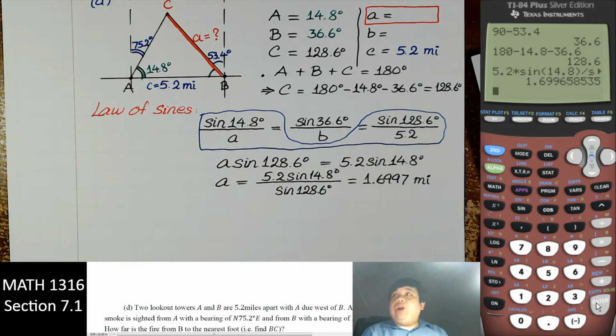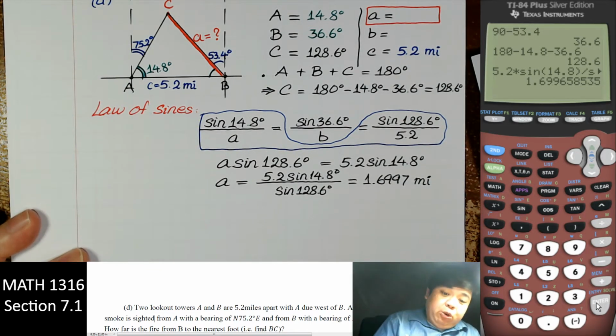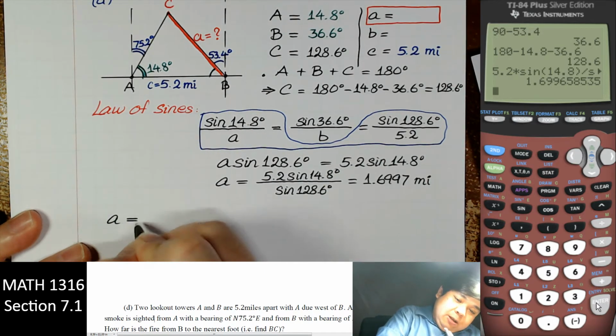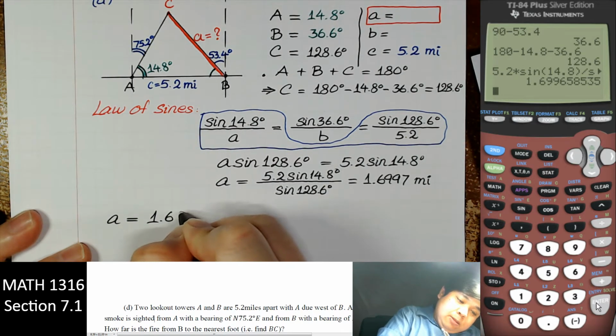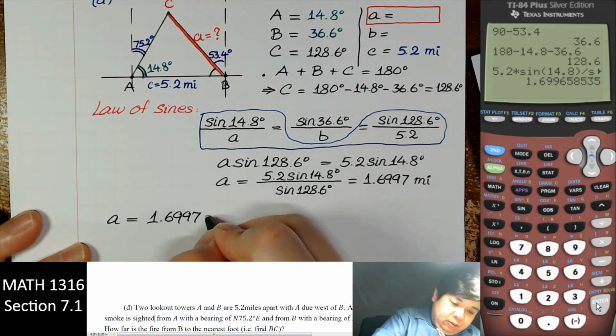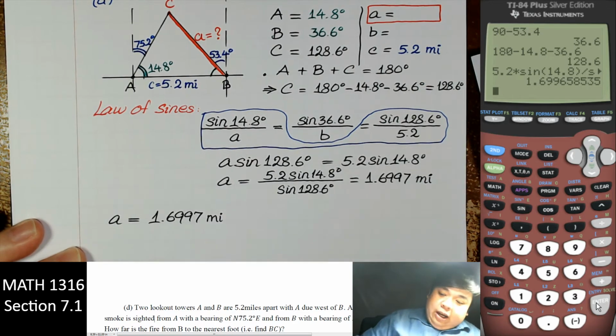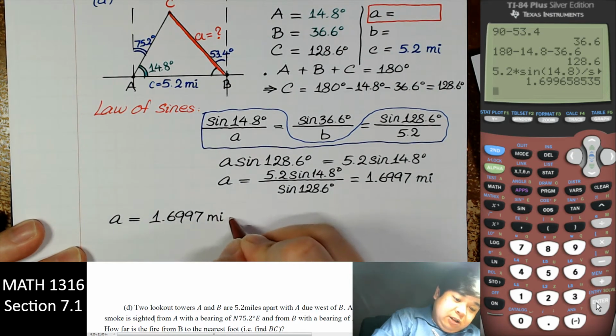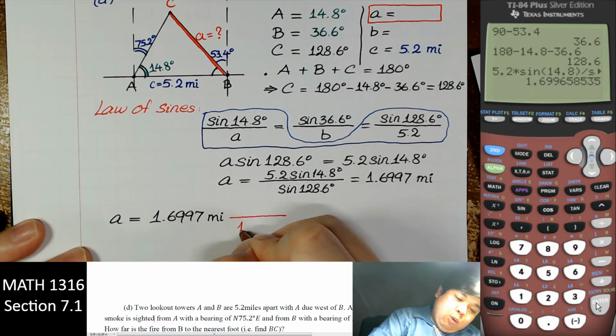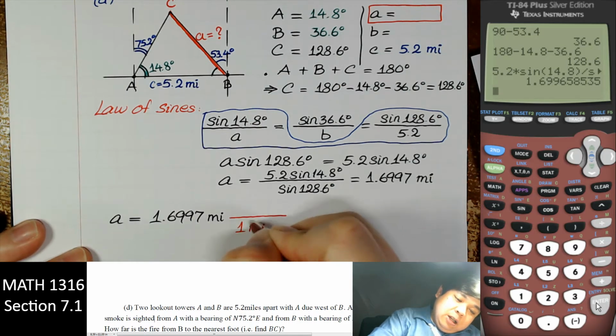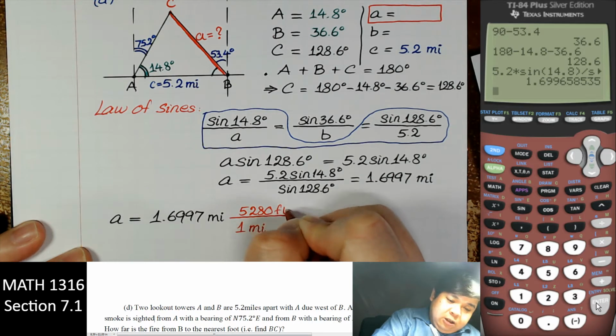That's good and all, except the question wants the answer in feet. So we use the conversion factor: 1 mile is 5280 feet.